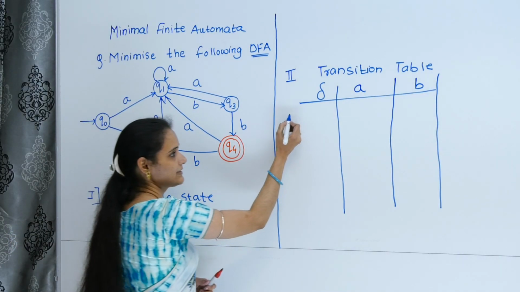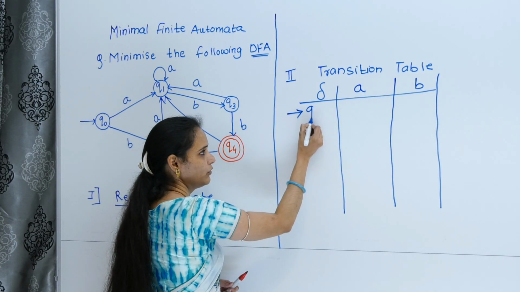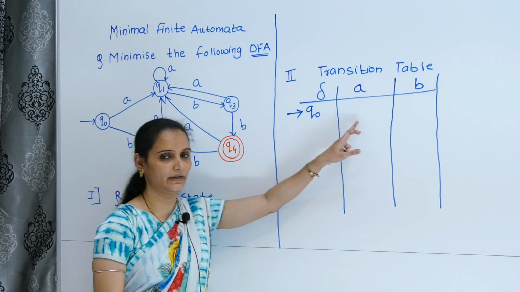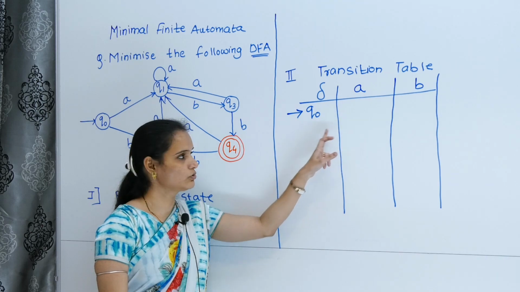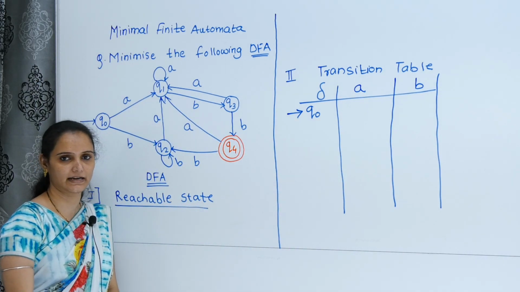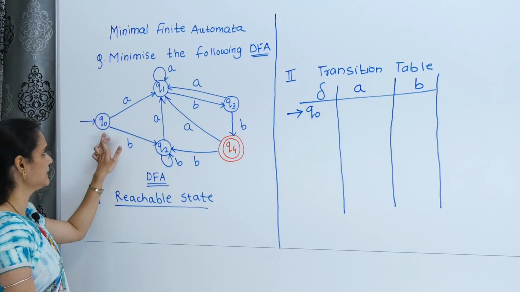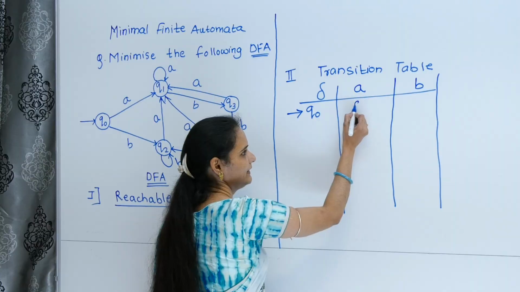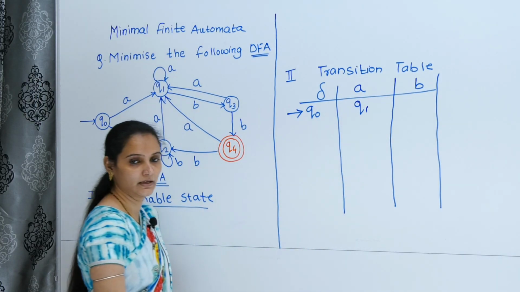We will start with Q0. Where does Q0 go on A? We enter those values in the transition table. Q0 on A goes to Q1, so here Q1.